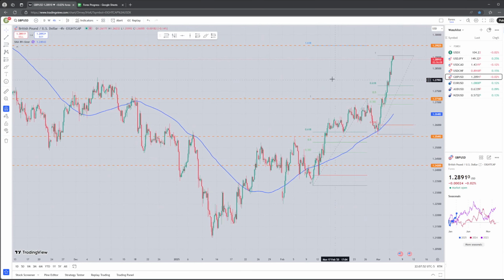Okay, pound USD. Here we have original positions opened at this price level. Since then, the market is behaving nicely, forming new legs. For example, up leg, retracement, up leg, retracement, and we always want to close profit at some kind of Fibonacci extension, right?